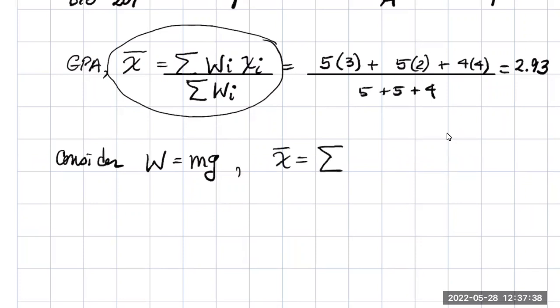So I'm going to switch out the weight for mg.